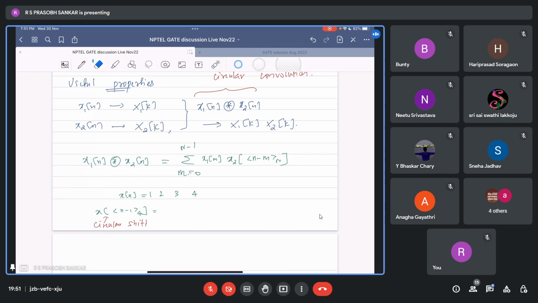We will do the normal shifting, but whichever is falling outside the range 0 to 3, we will be bringing it back. What I mean is that here we have a shift of 1. So 1 will come here, 2 will come here, 3 will come here, and 4 will go here. But since this is a circular convolution, this 4 will come back here.